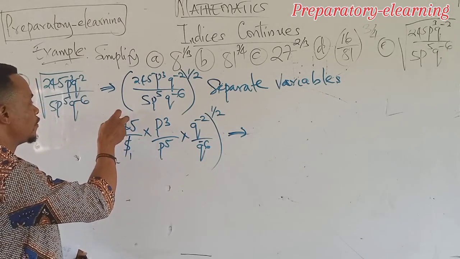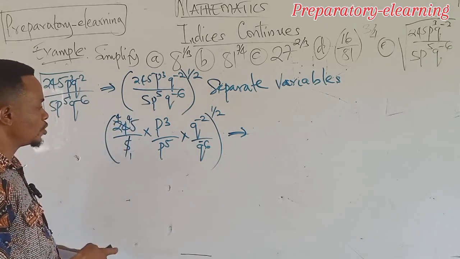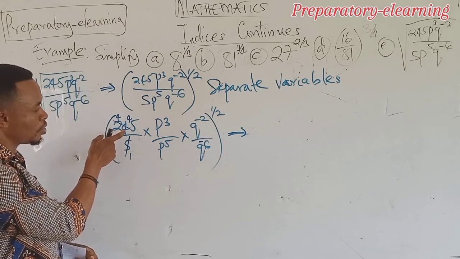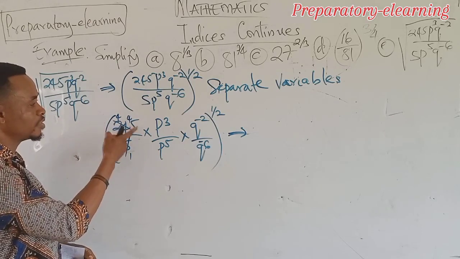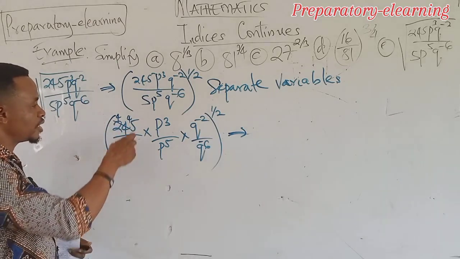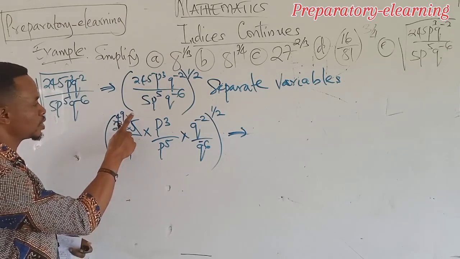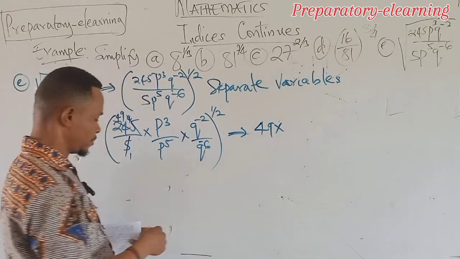It can go 4 times, remainder 4, because 5 times 4 is 20, remainder 4 to complete 24. You move the remainder 4 to the next number 5, it becomes 45. 5 still divides 45, we have 9. So on this one, we have just 49.